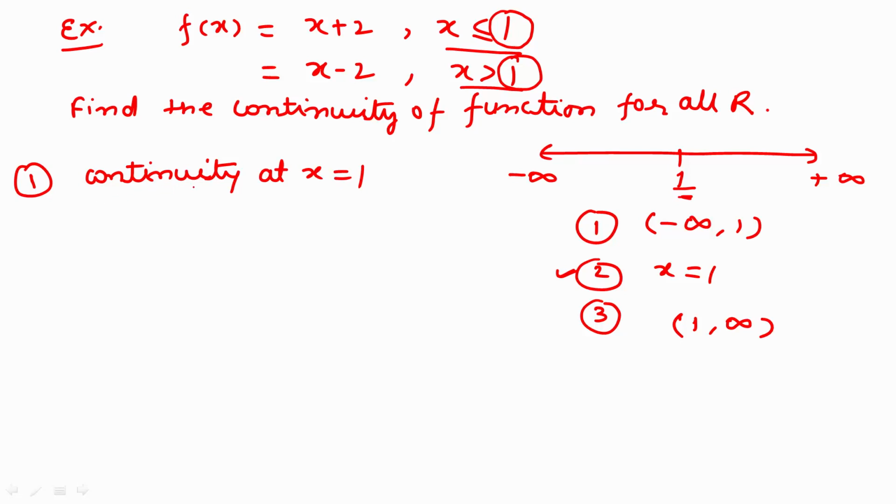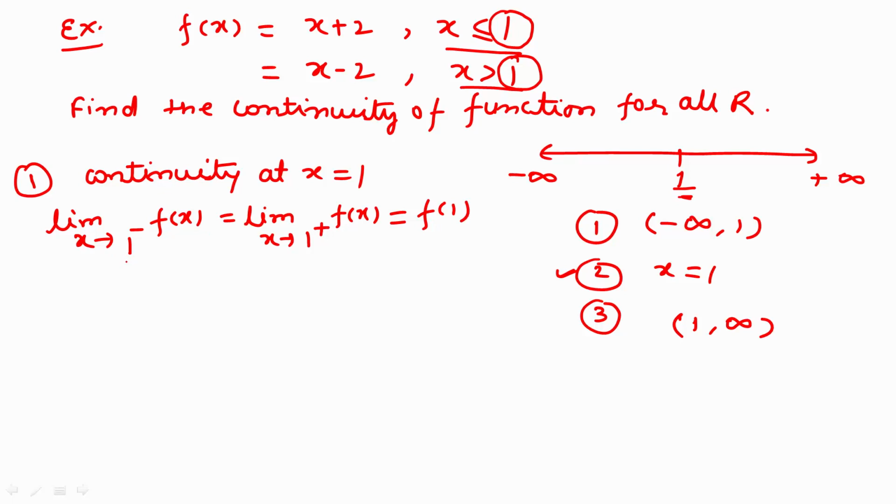As a function is continuous at x is equal to a, then limit x tends to a minus f(x) is equal to limit x tends to, we can write here 1 minus f(x) is equal to limit x tends to 1 plus f(x) is equal to f of 1.